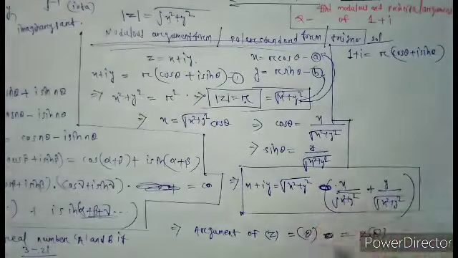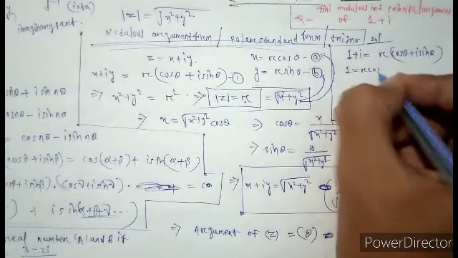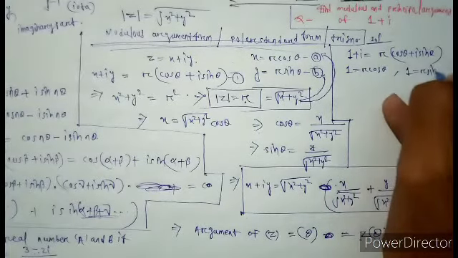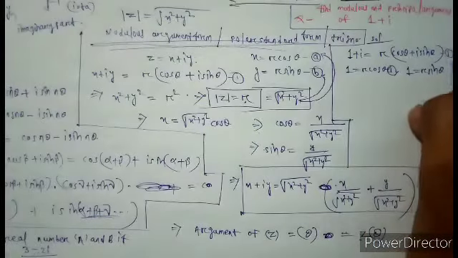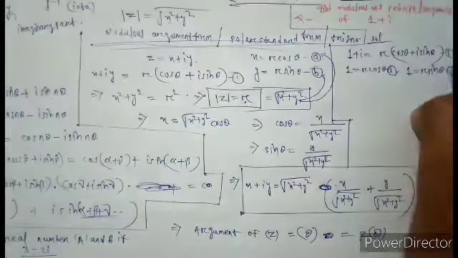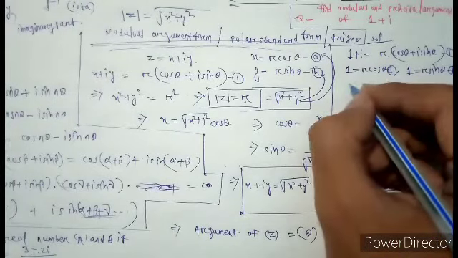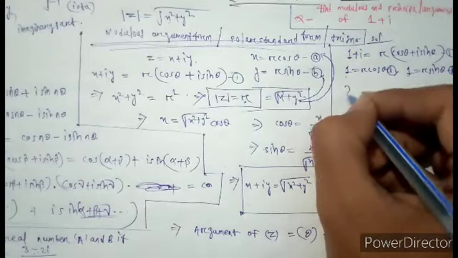Then equating both the real part and the imaginary part, we can write 1 is equal to r cos theta, equation A, and 1 is equal to r sin theta, equation B. Then squaring both and adding them, we get 1 square plus 1 square, that is 2.